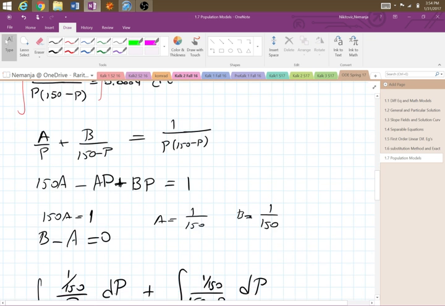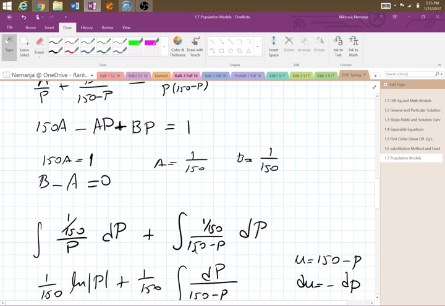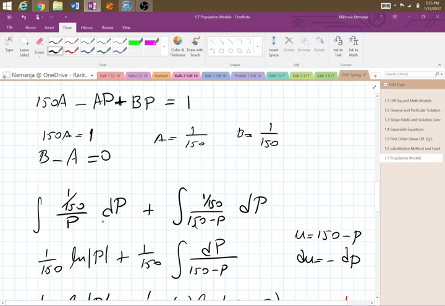We got 1 over 50, 1 over 50. And then we put 1 over 50 over P, whose integral is 1 over 50 ln P. Then we had the second one over here, again B over whatever the term was, and we got this one from there.